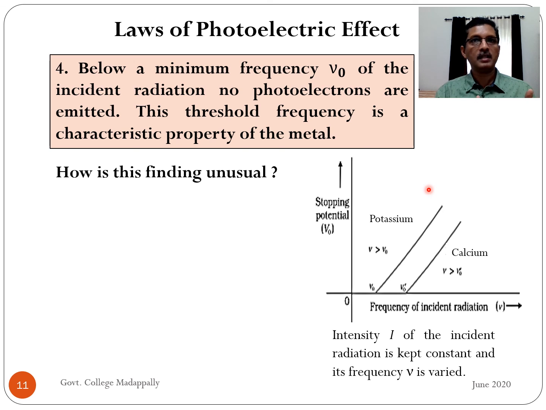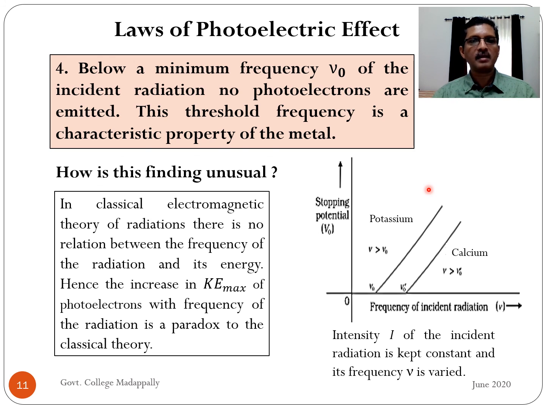Here also we can see that frequency increases, stopping potential increases, which means that when frequency increases, maximum kinetic energy of photoelectrons increases, right? So if the maximum kinetic energy of photoelectrons increases, then somehow the energy imparted to the photoelectron should increase. That means when the frequency of the incident radiation increases, somehow the energy given to the photoelectrons should be increasing.